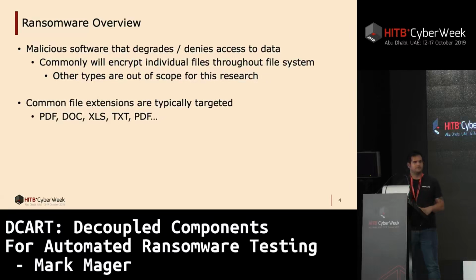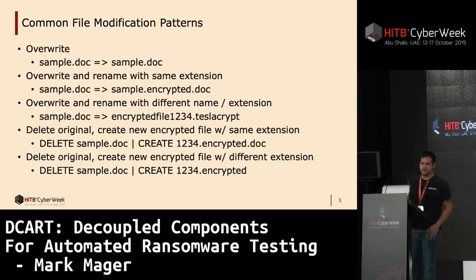Other types of ransomware, like destructive ransomware, including MBR or anything like that, that's going to target raw disk, that's not part of this talk or part of this framework, but it does exist out there. And typically common file extensions are what will be targeted by ransomware.